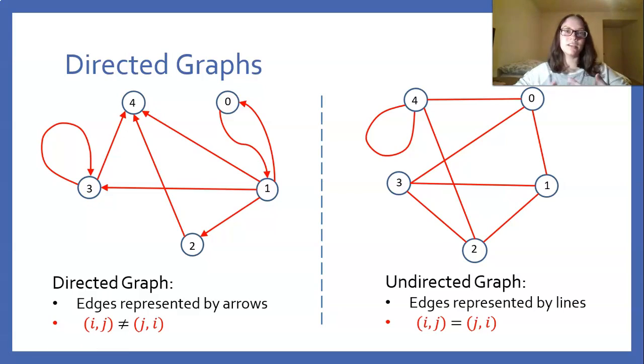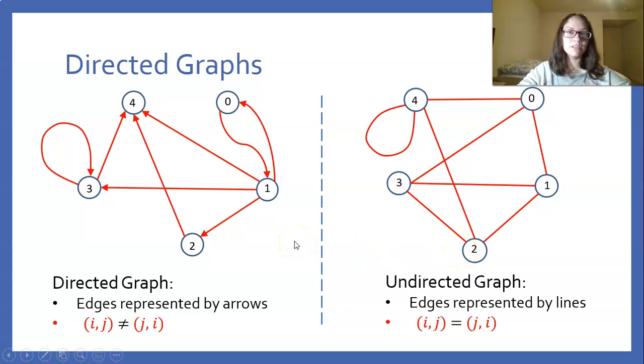This comes back to how we are exactly defining these relationships. If we define an edge, the relationship between two people, to just be that they talked on the phone, maybe we would use an undirected graph, because if person 2 talked to person 3 on the phone, then it goes hand in hand that person 3 talked to person 2 on the phone, right?